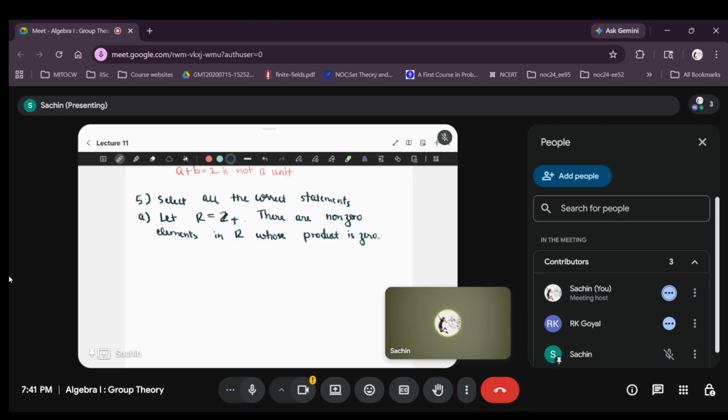All Zn are rings. We saw that in one of the classes. Since it's Zn, the operation is multiplication and addition modulo n. So the product to be 0 doesn't necessarily mean that it is exactly 0. It could be a multiple of n. That would also be 0 under modular multiplication.